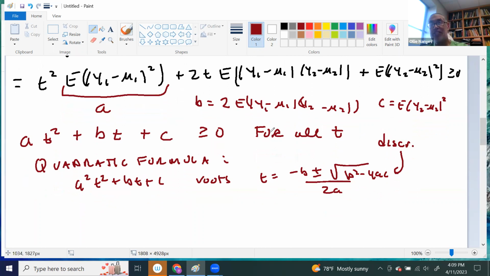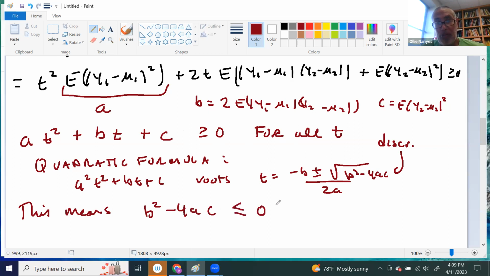So what that means is that this part right here has to be imaginary or 0. It can actually be 0 once, or you can have imaginary roots. This means that b squared minus 4ac has to be less than or equal to 0, or else you would have 2 real roots. We know this polynomial, however, is always greater than or equal to 0. So that's just the basic quadratic formula.